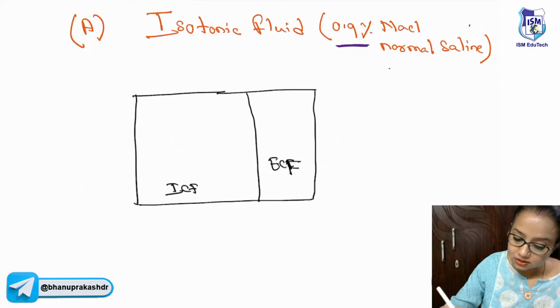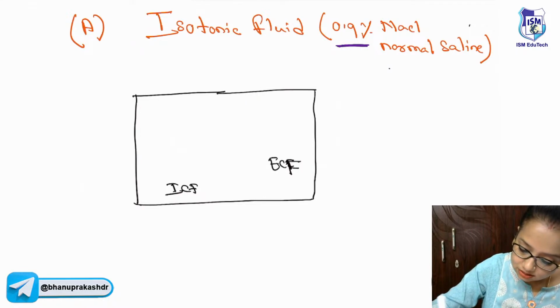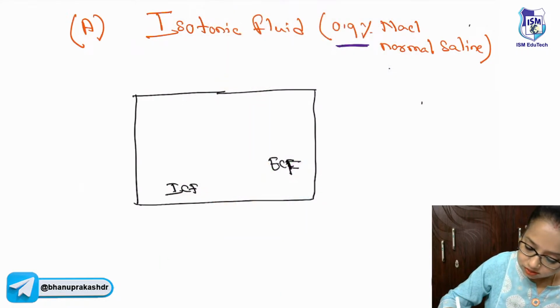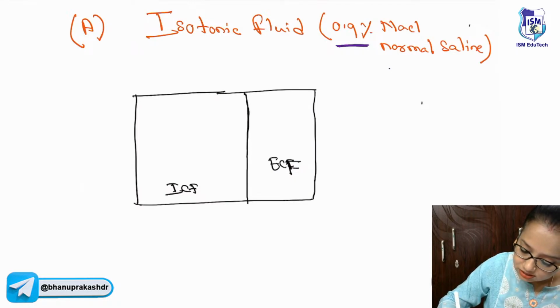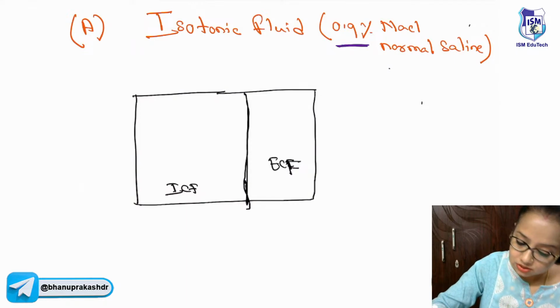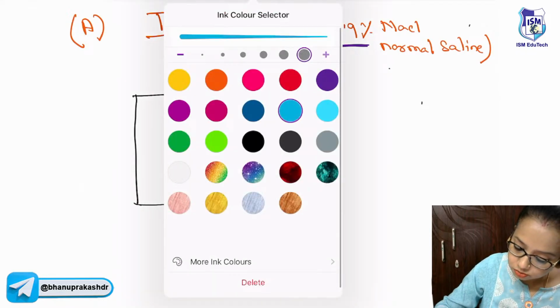So the osmolarity line is the longer, straight one, right? So there is no change in the osmolarity. But after infusion, there is intake, there is incoming of more fluid in the body.